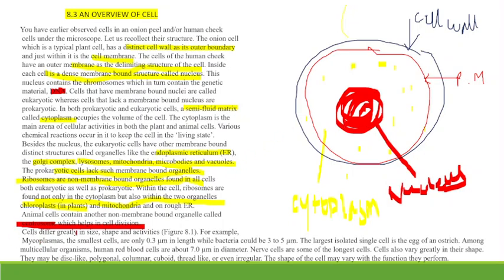Then cells differ greatly in size, shape and activities. For example, the mycoplasma, which is the smallest cell. The diameter or length of this bacterium is 0.3 micrometer, while bacteria could be 3 to 5 micrometer.